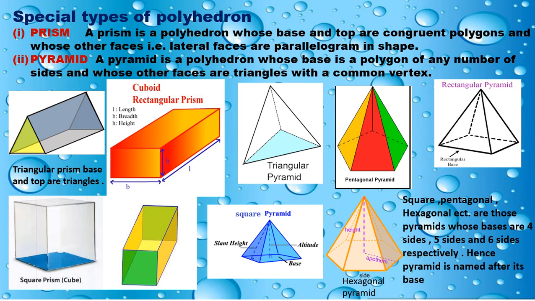Hence, a pyramid is named after its base. If the base is a triangle, we say triangular pyramid. If the base is a square or rectangle, we say it is a square or rectangular pyramid. And if the base is a hexagon, it is known as a hexagonal pyramid. So by this we understood the difference between prism and pyramid.